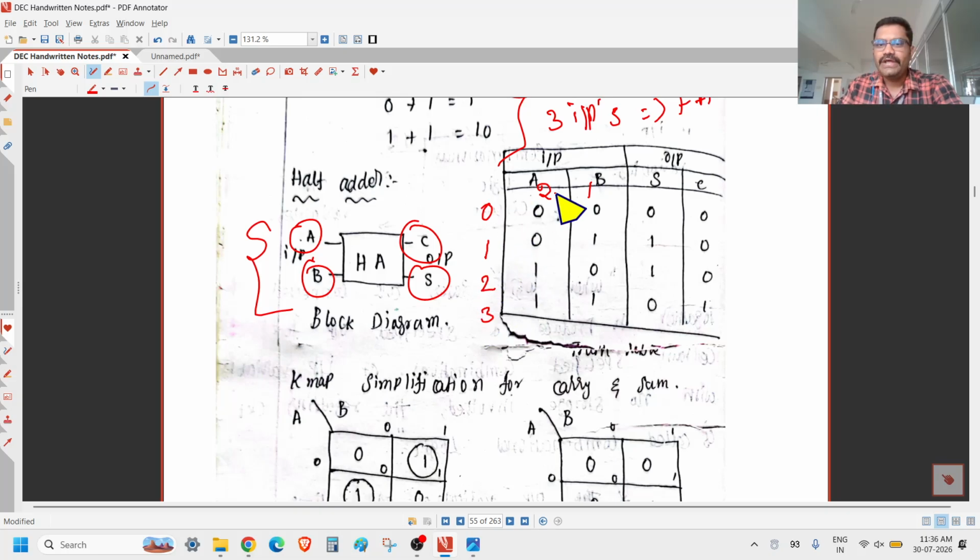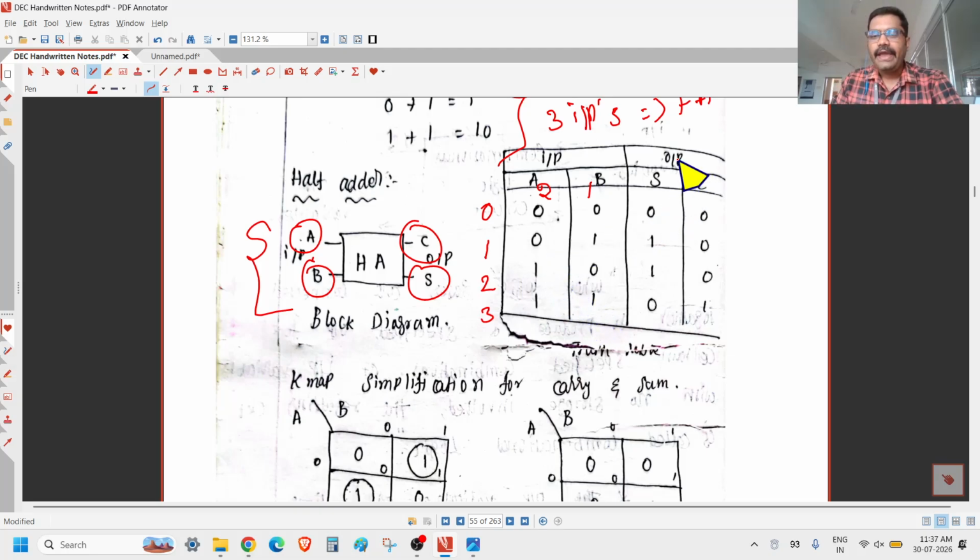If it is 0, there is no 1 in the 2-1 concept, so both are 0. For 1, there is a 1 in the 2-1 concept, and for 2, the remaining 0 will be there. Likewise, you fill out the inputs. Otherwise, a very simple method: since it is a 2-bit combination, 0 0, 0 1, 1 0, and 1 1 are the combinations of input.